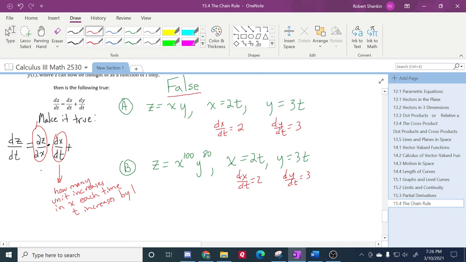And each unit increase is going to have an effect on z. How much the height changes each time x is increased by 1.